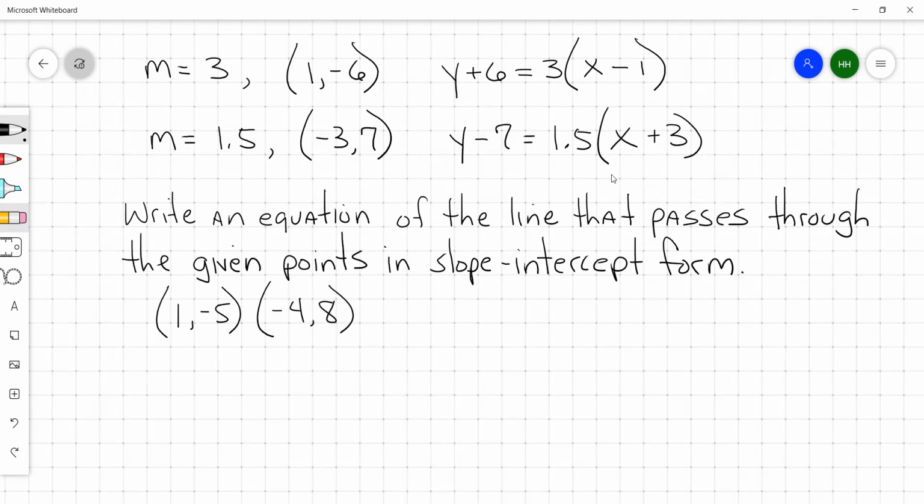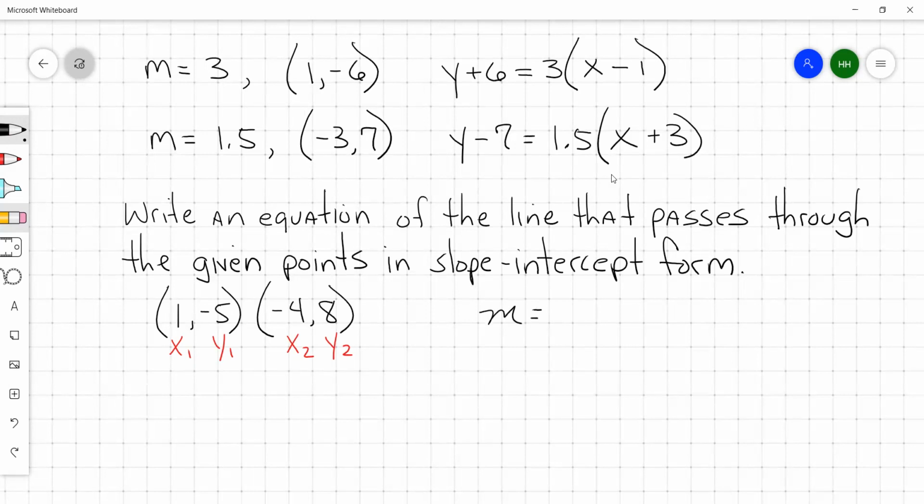But this becomes a 3-step problem. Okay? Three steps. The first thing you're going to do here is find the slope. You did that yesterday. So you're going to label your x1 and y1 and your x2 and y2. So we're going to find the m.